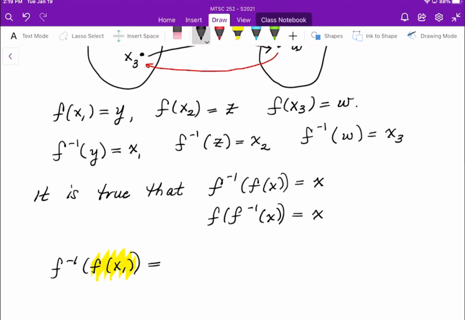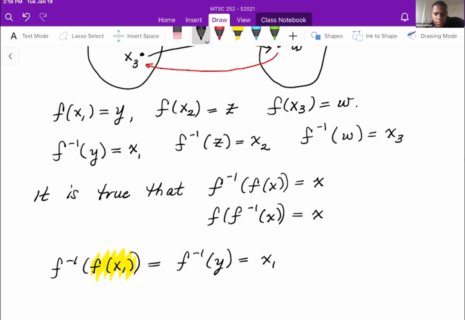Oh, I hate teaching without people talking back to me. Y. Yes, good. So f of x1 is y. So I have f inverse of y. But what is f inverse of y? X. X what? X1. X1. So see how f inverse of f of x1 gave me x1 back?